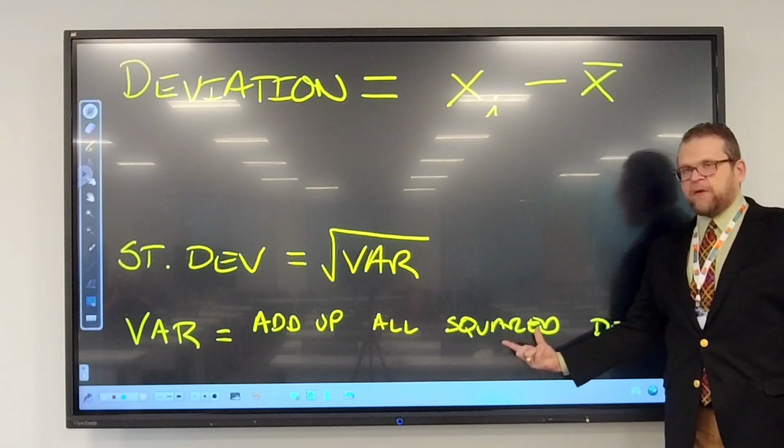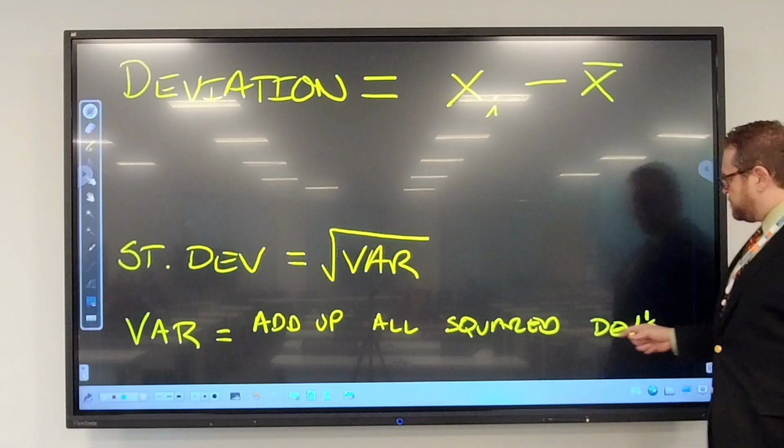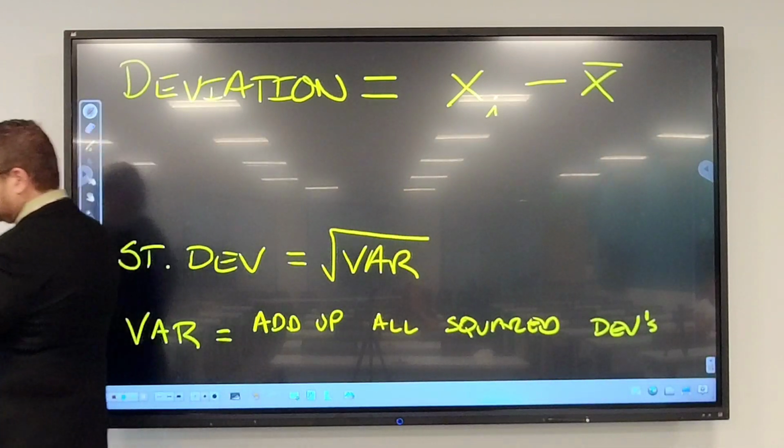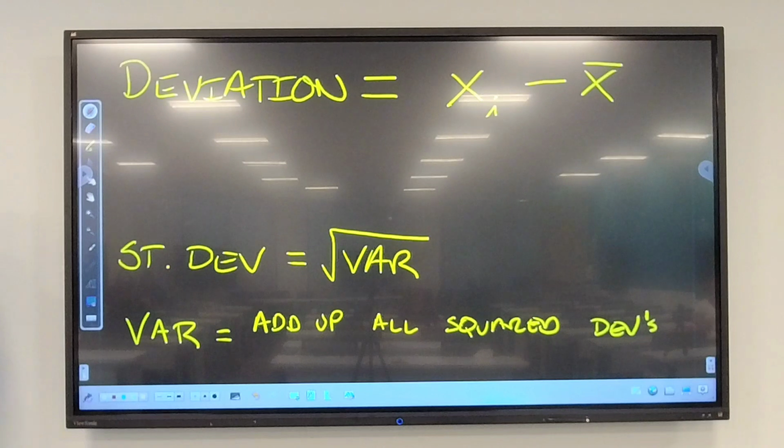We had to square them, that way they were all positive. And when you added up all those squared deviations, in an attempt to take an average, we divide not by how many data points there were, but by one less.